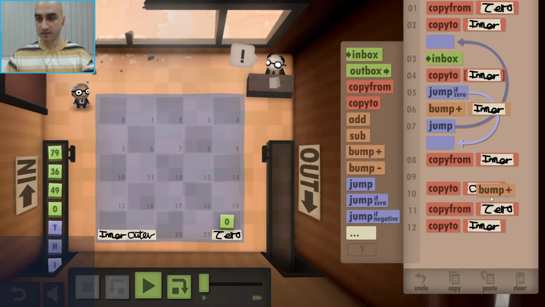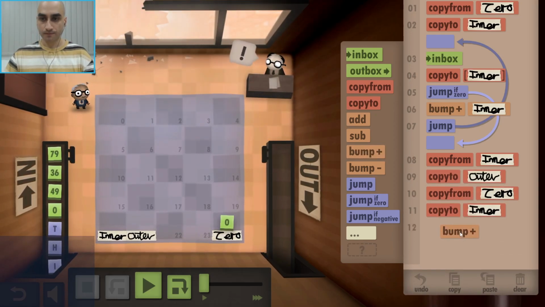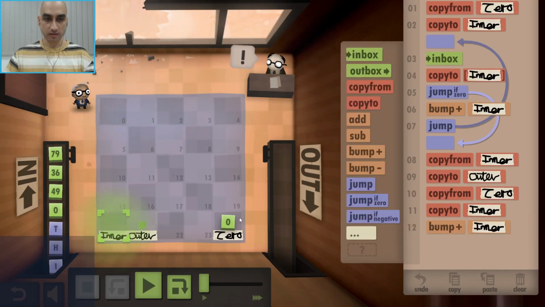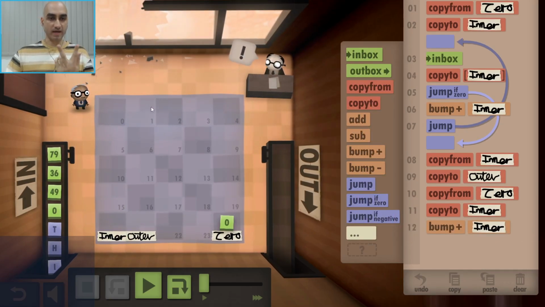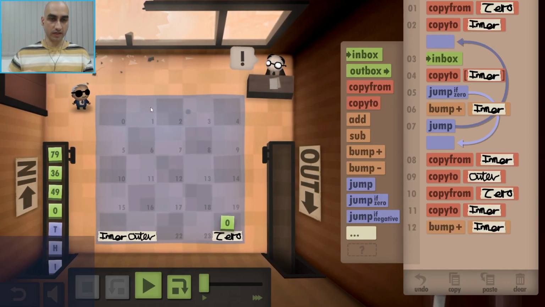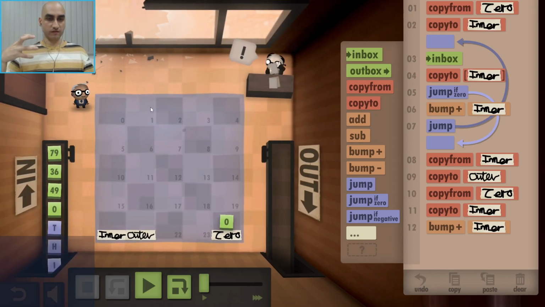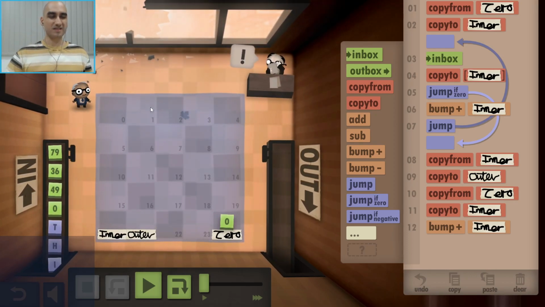All right, so let's actually bump inner. So we start from 1 because we're comparing pairs. So let's start from the second item, compare it with the first.